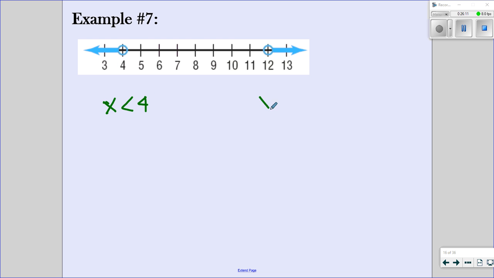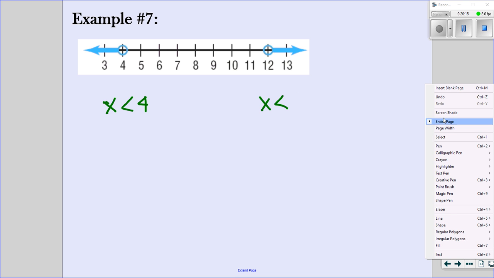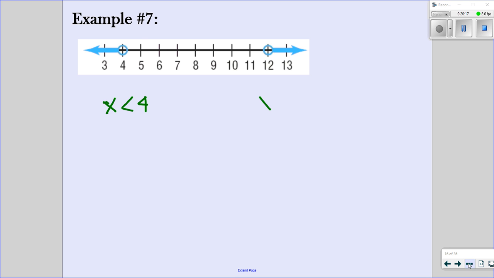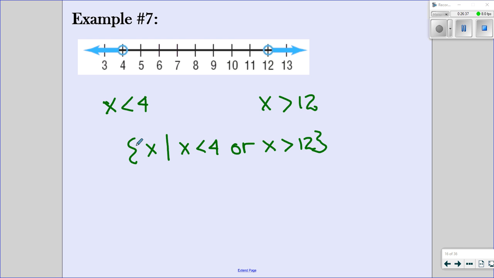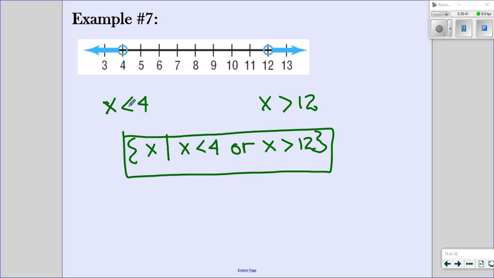And then this one is x is greater than 12. So it's going in different directions. This is going to be an or. So I have x is less than 4, or x is greater than 12. And since, like I said, they're both open circles, it has that symbol.